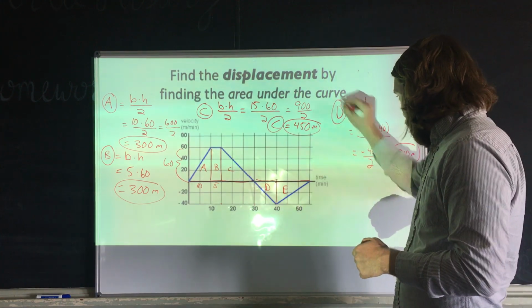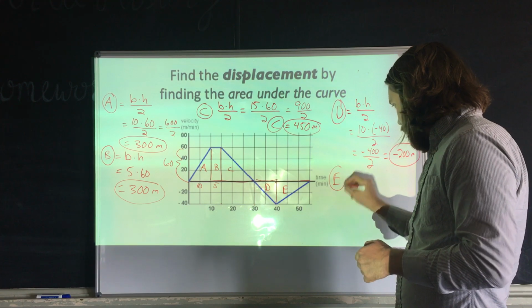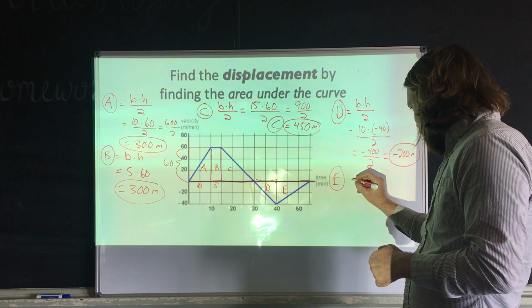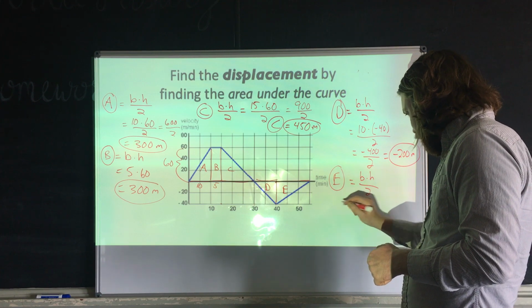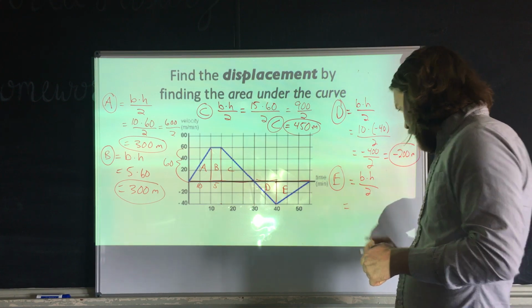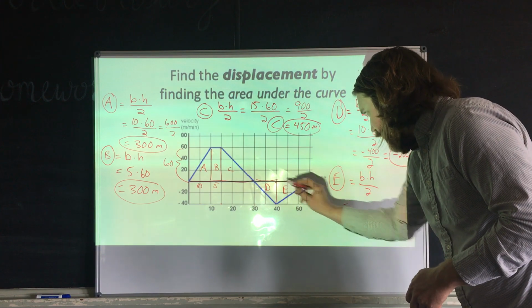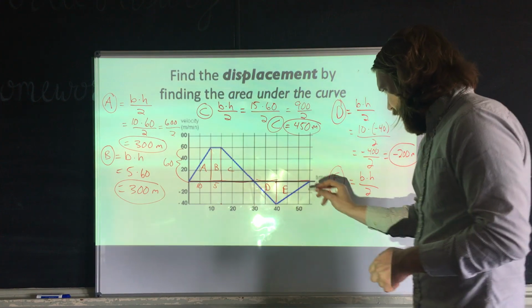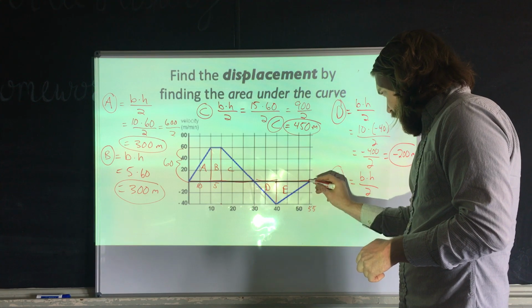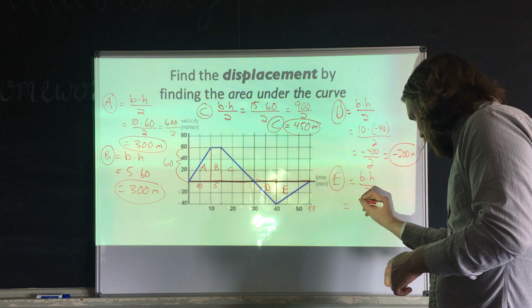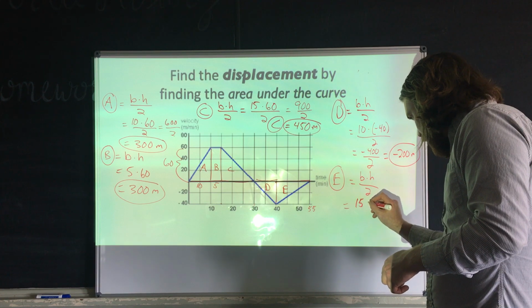E, our last one. Also a triangle. So E equals base times height divided by 2. Let me move this over here so you can see it. Okay, our base here goes from 40 to 55. 55, right, because this is 50, so this is 55. 55 minus 40 gives me a base of 15 times our height.